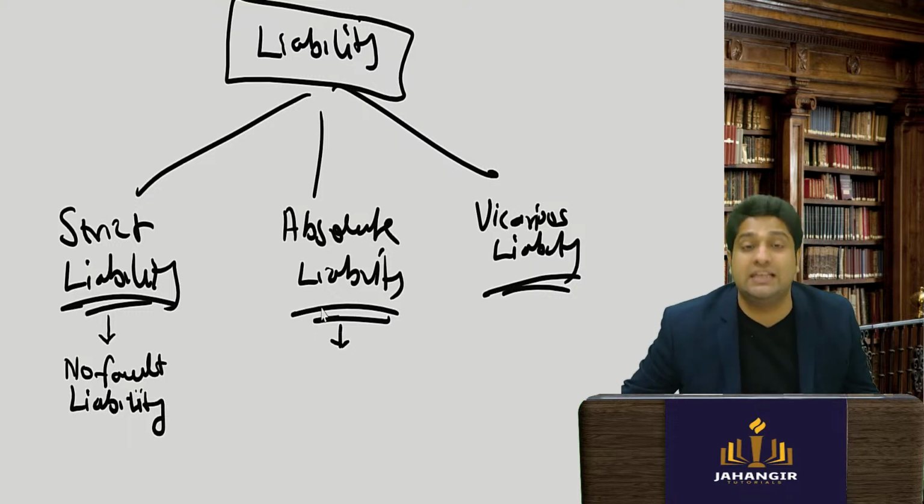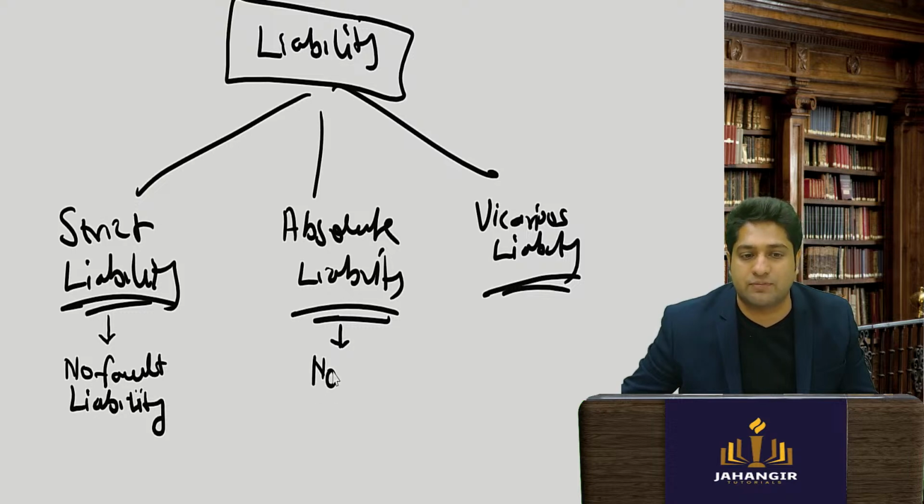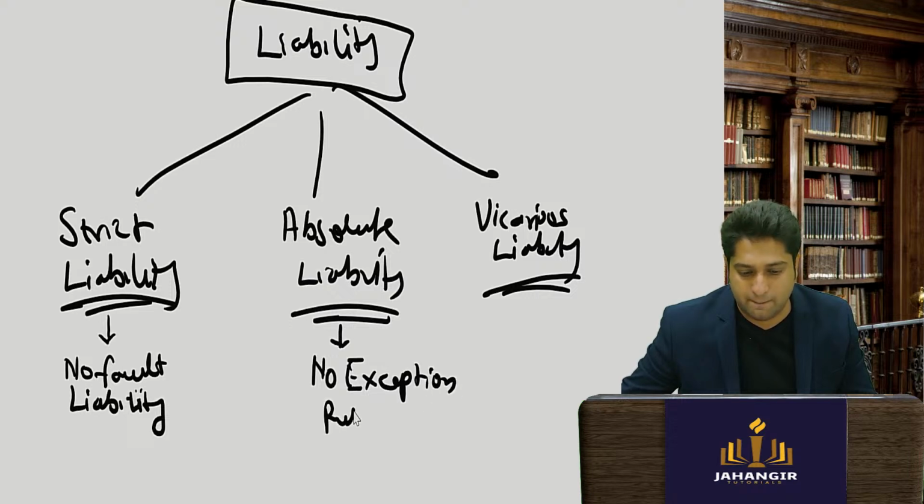Absolute liability is an Indian origin liability. So this entire absolute liability is of India. This is of UK. In India, they had one case, MC Mehta versus Union of India, where they called it the no exception rule. So this liability is called as no exception rule.